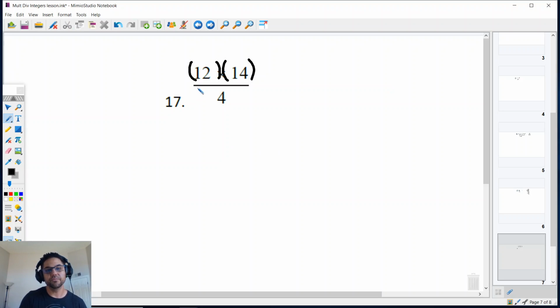But maybe you just notice, well, Mr. Murillo, if I technically just cover this up, it means 12 divided by 4. And we know that 12 divided by 4 is a 3. So it really means 3 multiplied by, and if I remove this, I've got a 14 there.